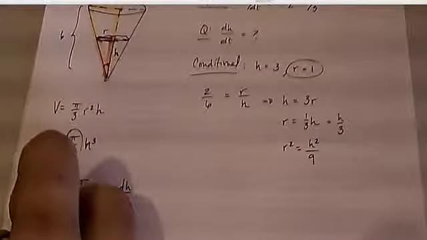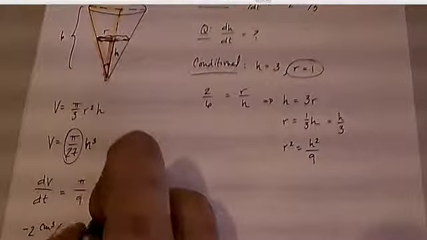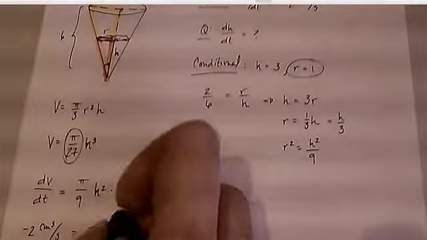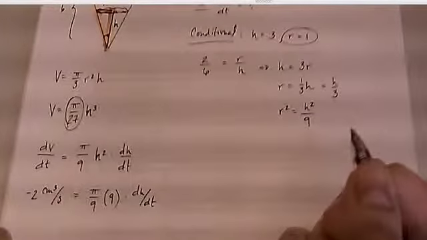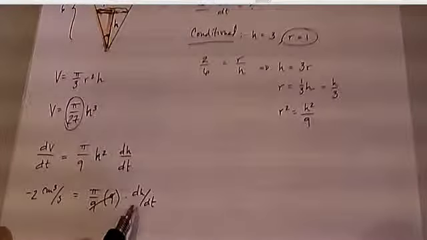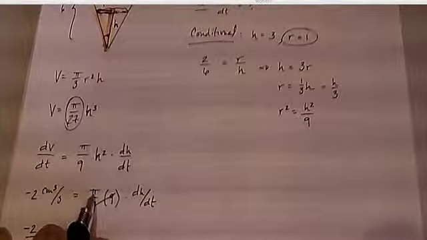So if I know dV dt is -2 centimeters cubed per second, and that becomes pi over 9 times 9, because h is 3, so h squared is 9, times dh dt. And guess what? Those 9's cancel, and all I have to do in order to figure out dh dt is to divide by this pi right here.